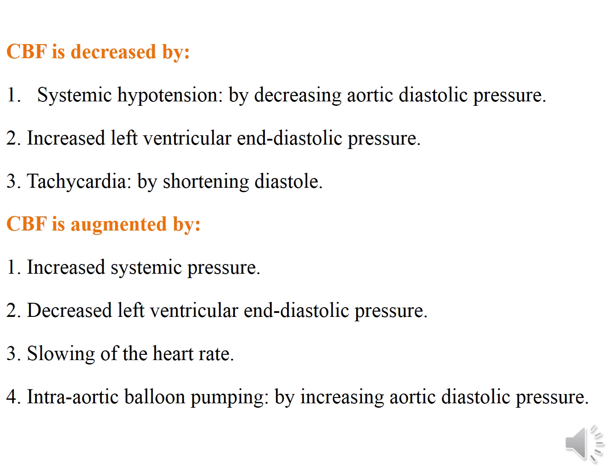Coronary blood flow is decreased by systemic hypotension, by decreasing aortic diastolic pressure, is also decreased by increased left ventricular end diastolic pressure, and also decreased by tachycardia by shortening diastole.